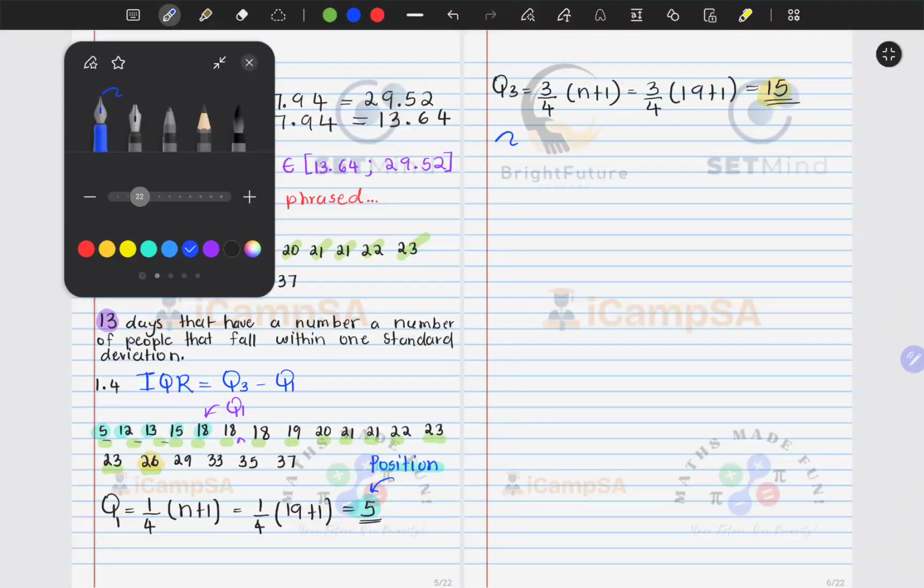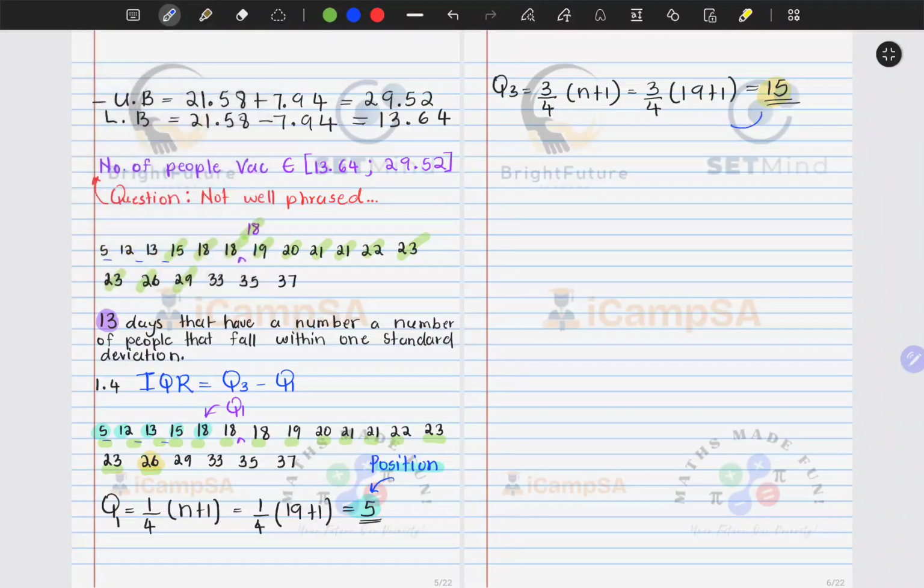So this means that our Q3, remember, this here tells us where the position for our Q is at. Our Q3 is 26, while our Q1 is 18. So our interquartile range is simply going to be 26 minus 18, which happens to be 8.